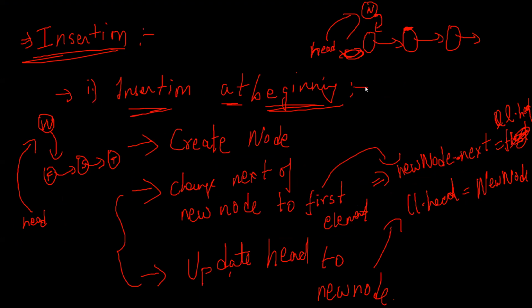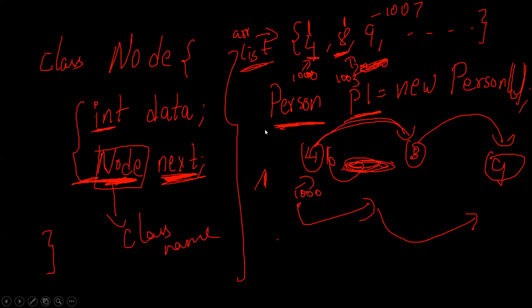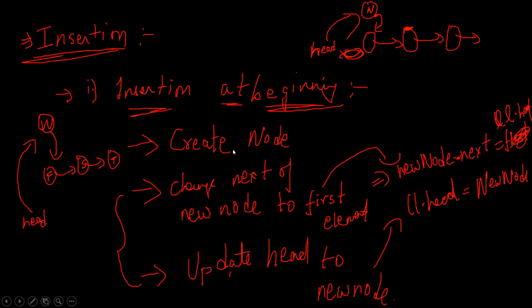For updating it, first we have to create a node using this node class. Data and next will be there. Using this, we'll create a node and update the next of the new node to the first node, and then update the head to the new node.